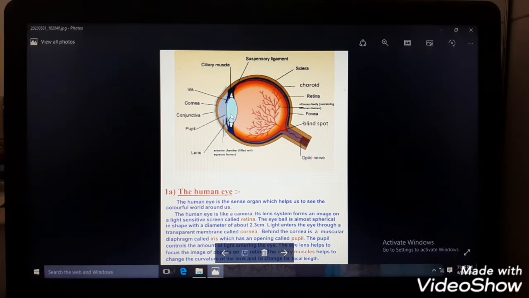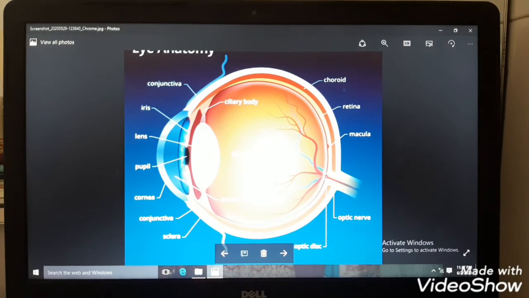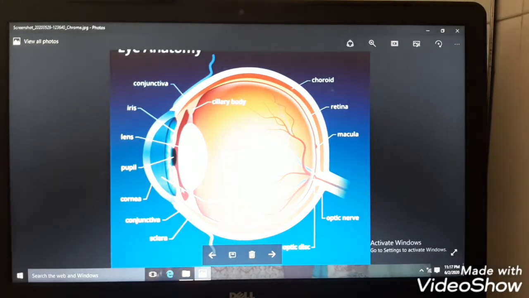Then after the lens, what comes next? Next comes your retina. Retina means the screen. So the ciliary body is responsible for the flexibility of the lens with the help of the suspensory ligament which holds the lens in its place.